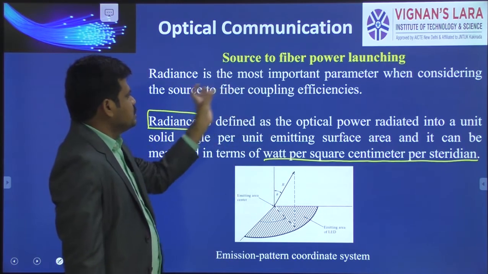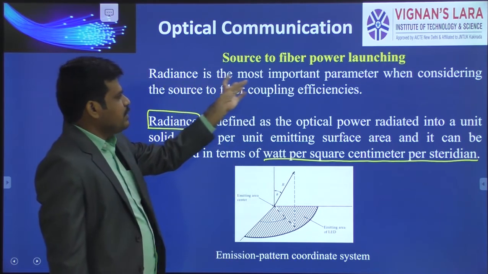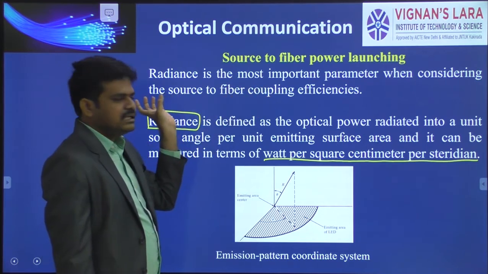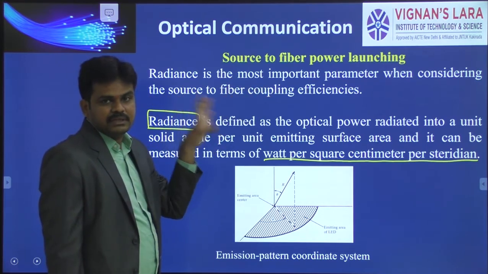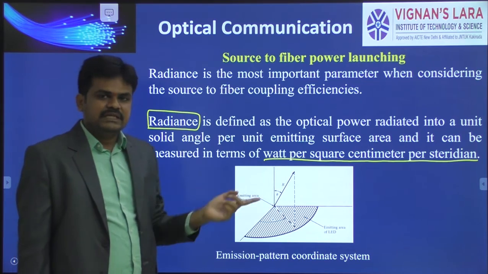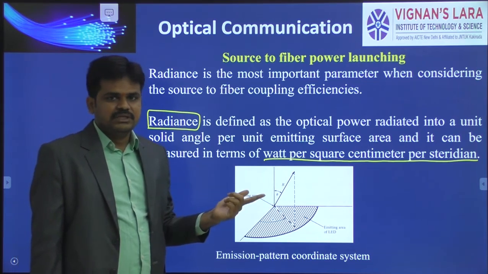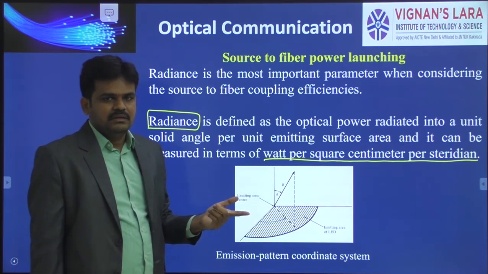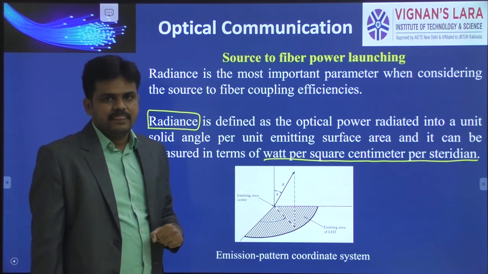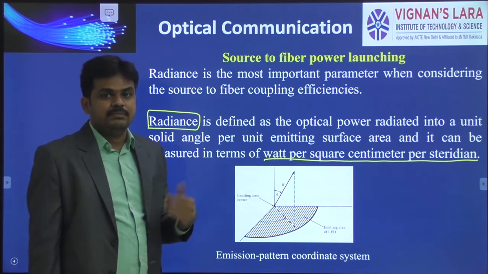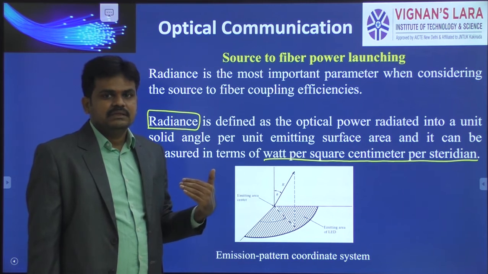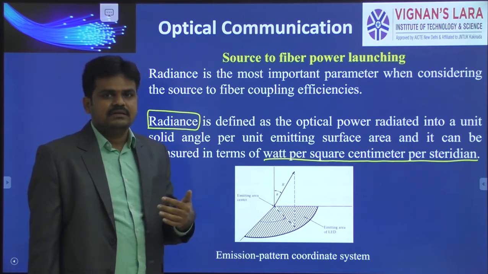So radiance is an important parameter when considering source to fiber coupling. As I said, coupling efficiency also needs to be calculated, which is very important. Radiance is also important: how much brightness is transmitted from the source.